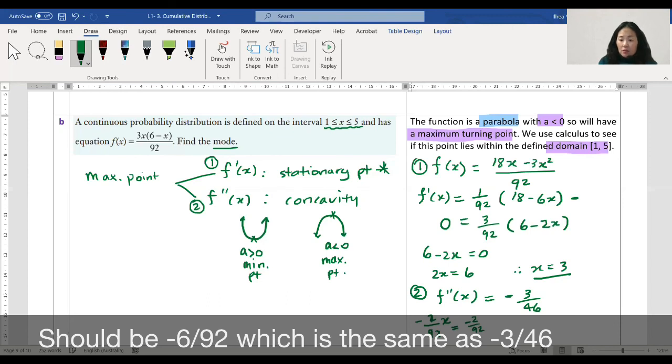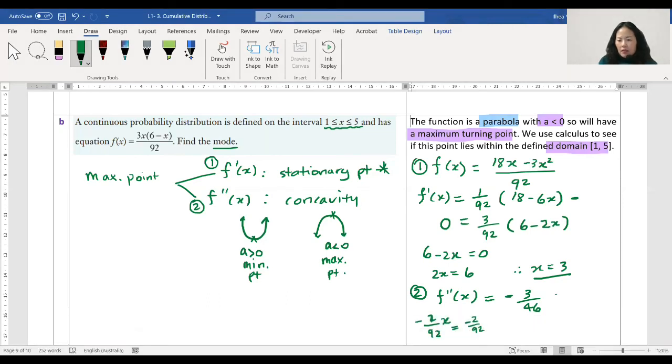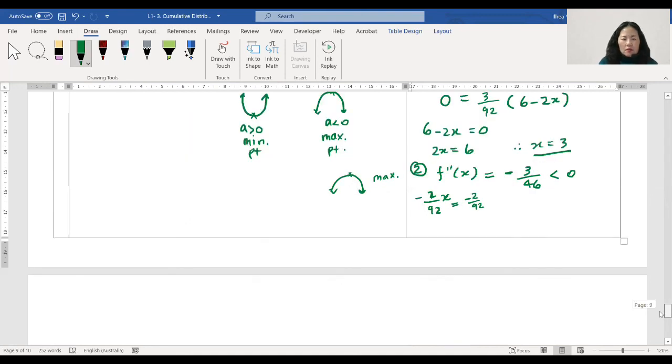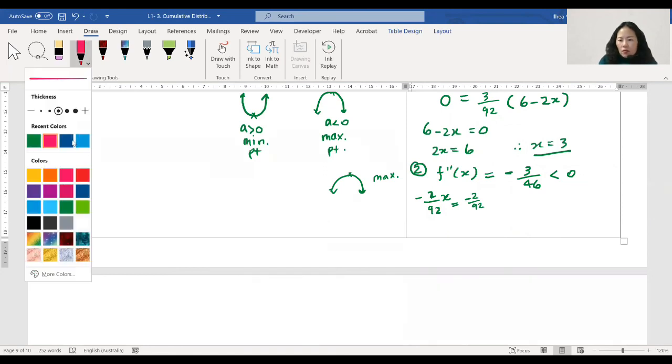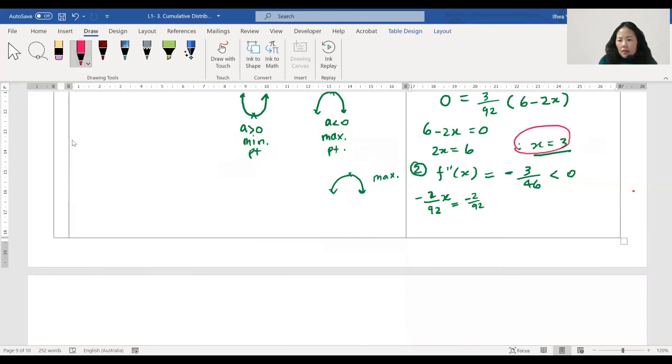Okay, so that's what I've got. That's less than 0, so it's concave down. So it's going to be like this, and that's our max. So that's confirmed. So we've proved that that's a maximum, and also that it is in between 1 and 5. Okay, so that seems okay to us, and it just proved it and confirmed it as well.